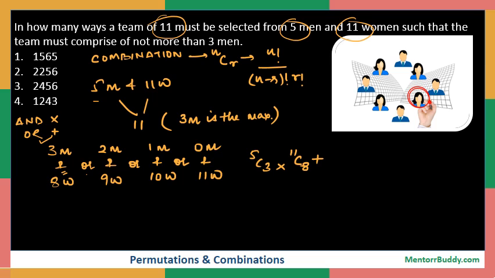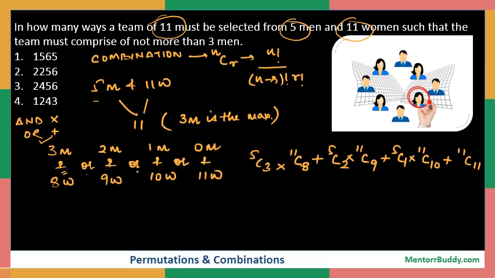Now 2 men out of 5, so I can say it as 5C2, multiply, because there is an 'and' sign, 9 women out of 11, so it is 11C9, or therefore a plus sign, 1 man out of 5, 5C1, and 10 women out of 11, or we have a total of 11 women in the committee.